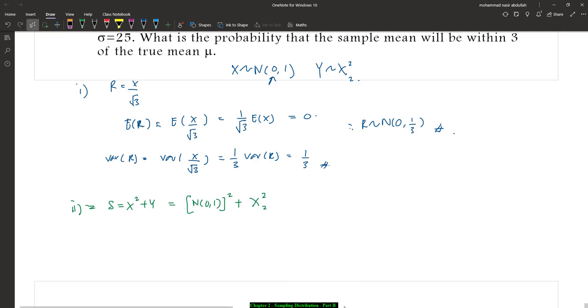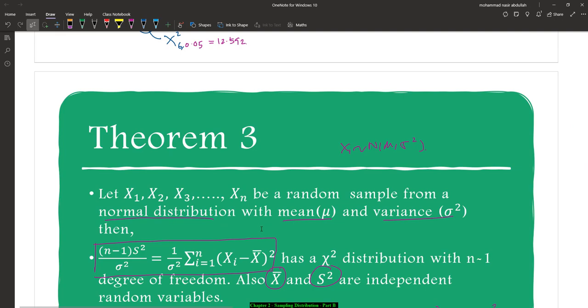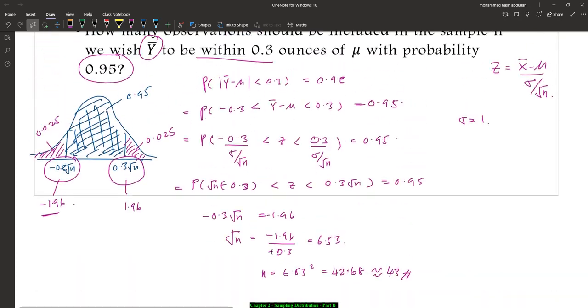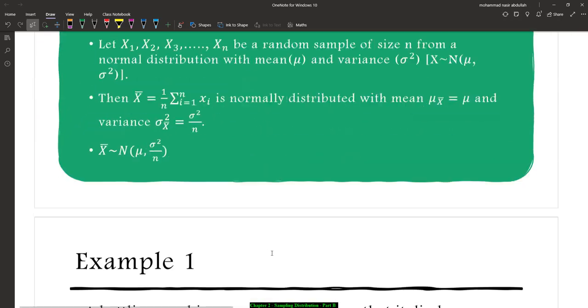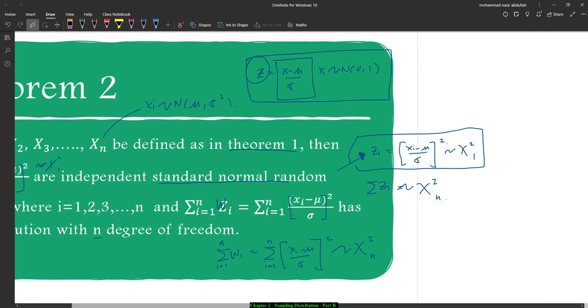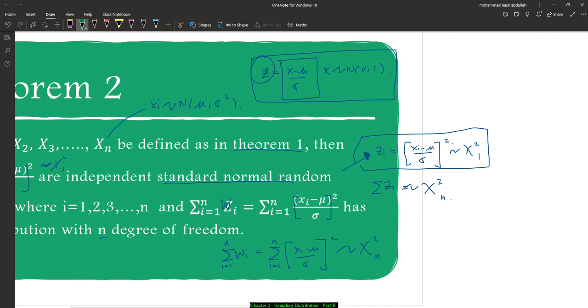Remember theorem number 2, which we learned before: when we square the standard normal, we get a chi-squared with 1 degree of freedom.